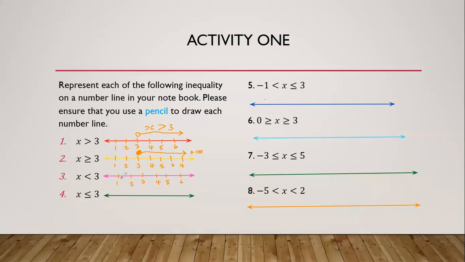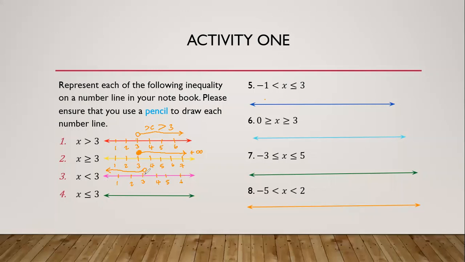Again, it says less than 3 this time, so we locate where 3 is. Less than 3 means 2, 1, 0, negative 1, and so forth. So this time the arrow will go in this direction. And that would be a representation of this inequality, which is x less than 3 on a number line.